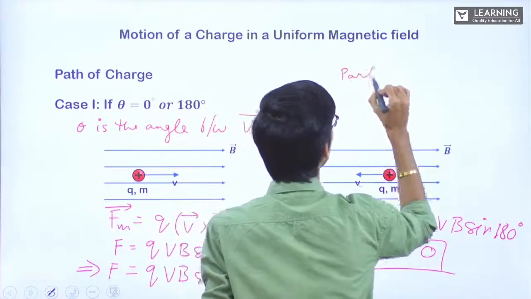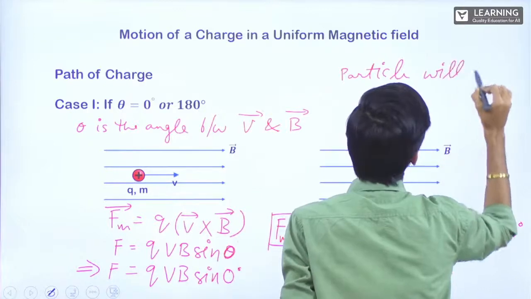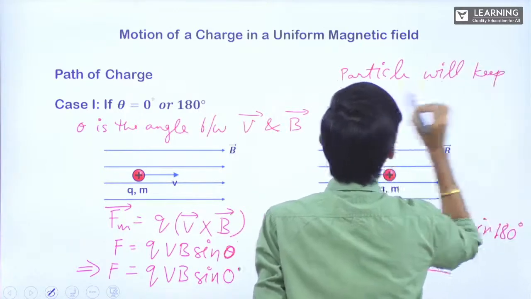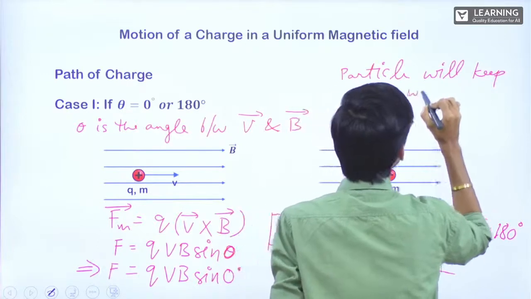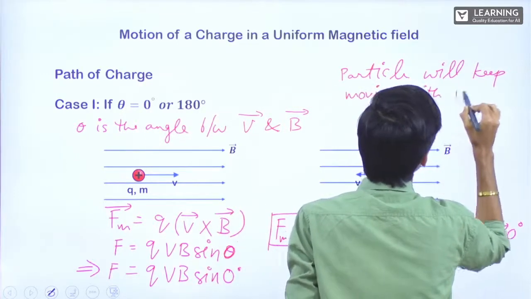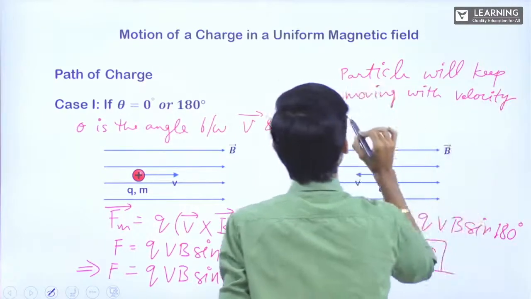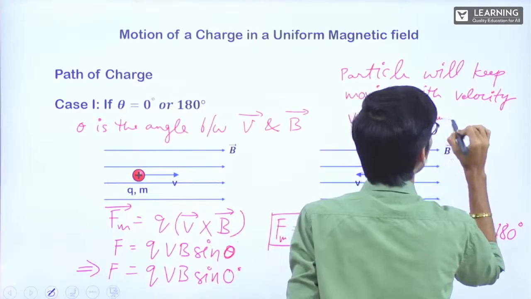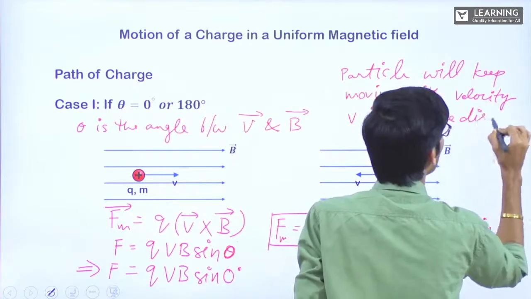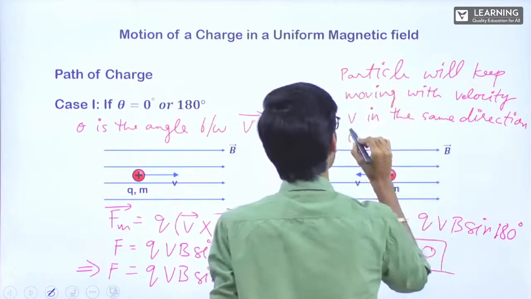Particle will keep moving with velocity v in the same direction, in a straight line.